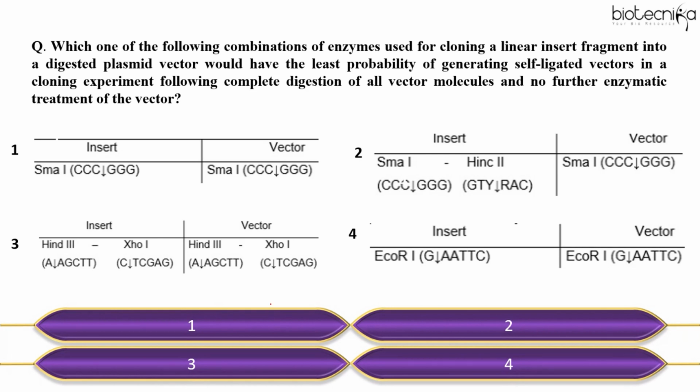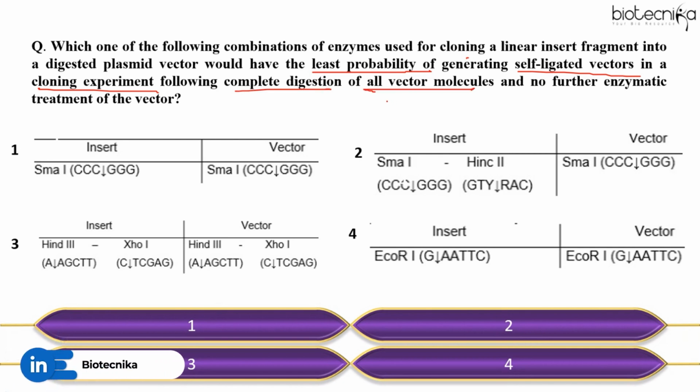Which one of the following combinations of enzymes used for cloning a linear insert fragment into a digested plasmid vector would have the least probability of generating self-ligated vectors in a cloning experiment, following complete digestion of all vector molecules and no further enzymatic treatment of the vector?